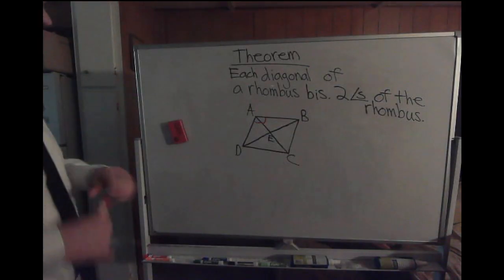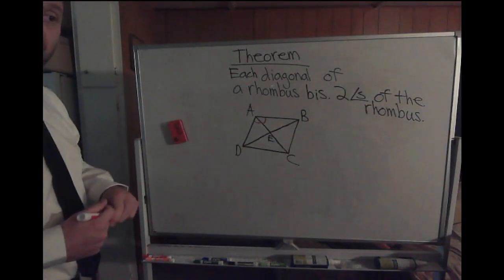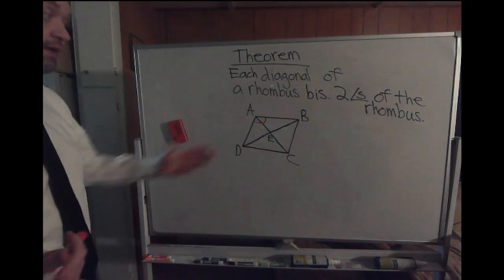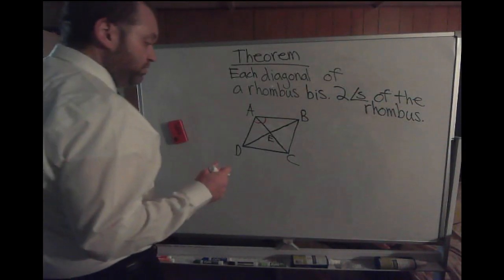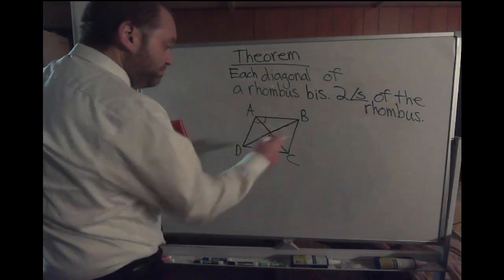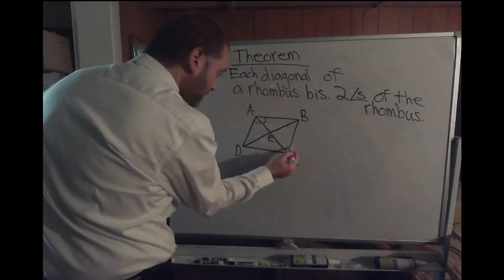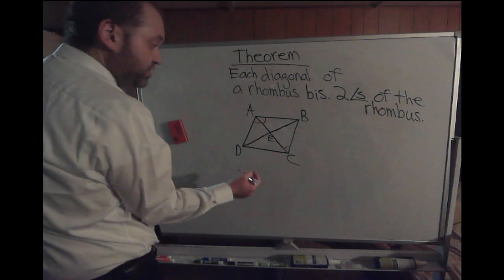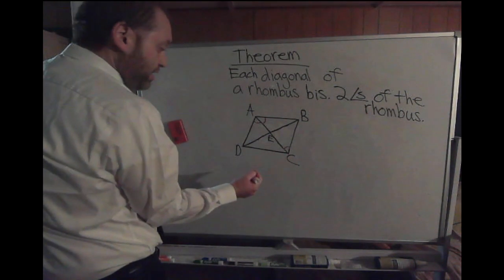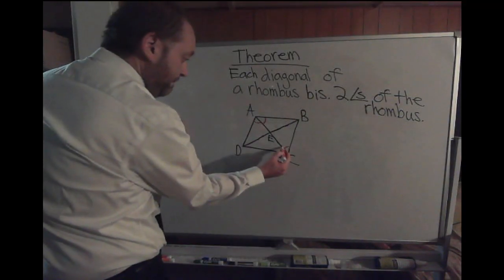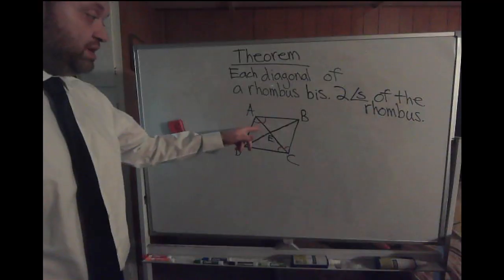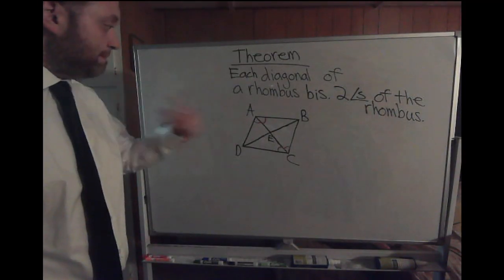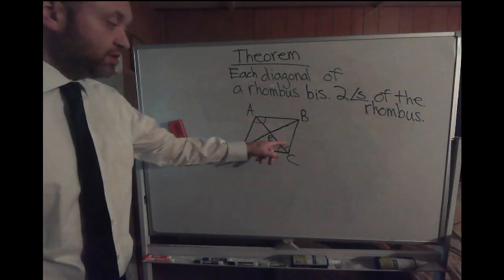What else do we know? In general, opposite angles of a parallelogram are congruent, right? And rhombuses are a parallelogram. That means that angle BCE would also be congruent to angle DCE, and as a result, you can then deduce that these four angles here are congruent to these four angles here.